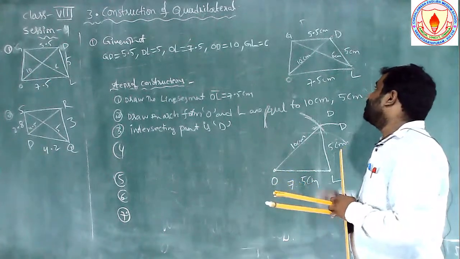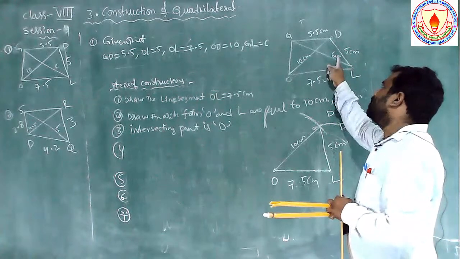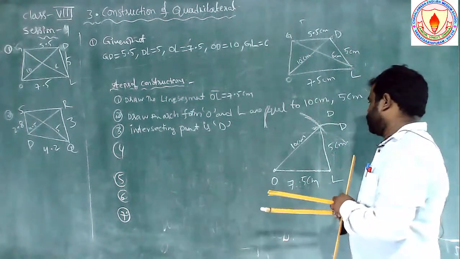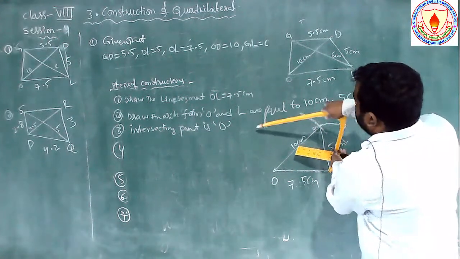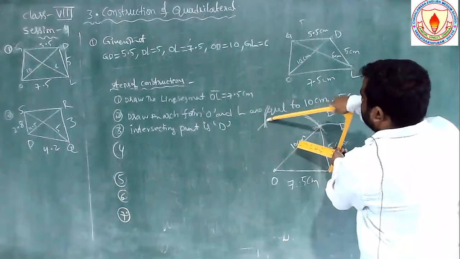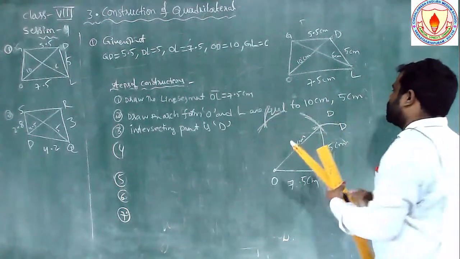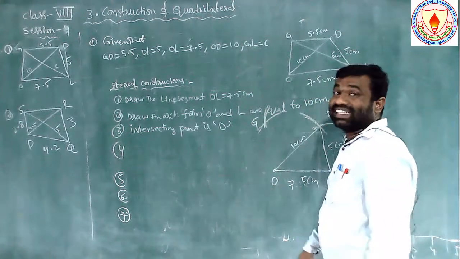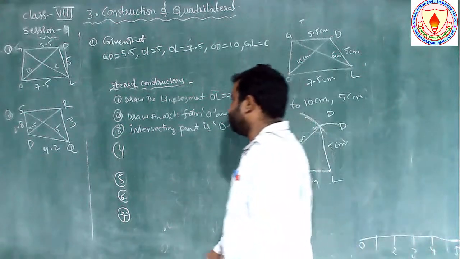In the same manner, from L draw an arc with 6 centimeters to G. So this point is G.